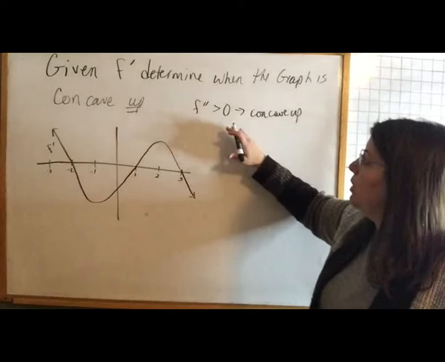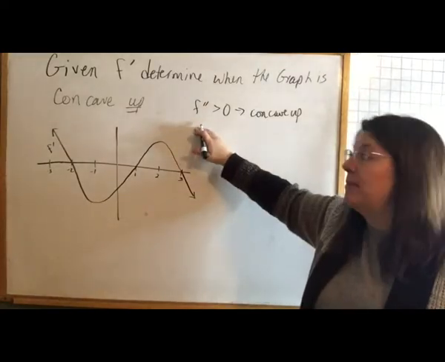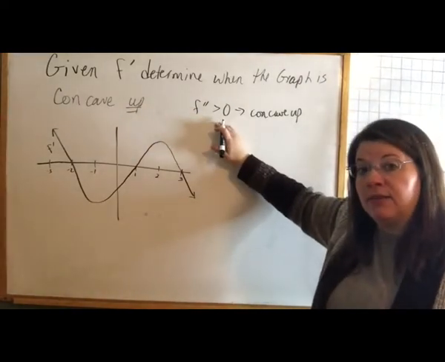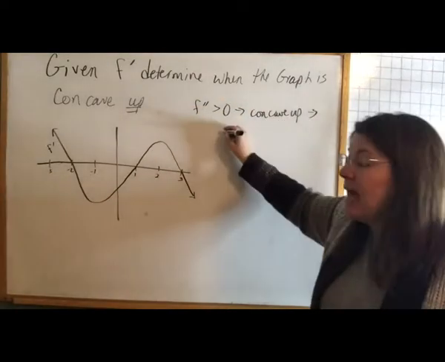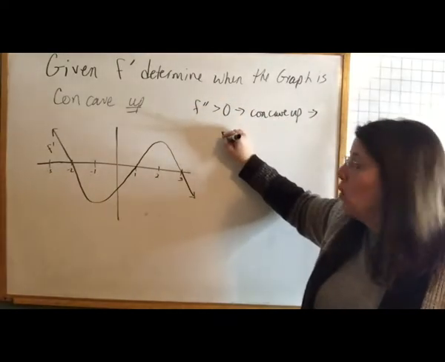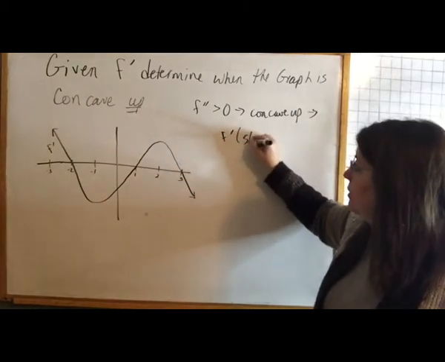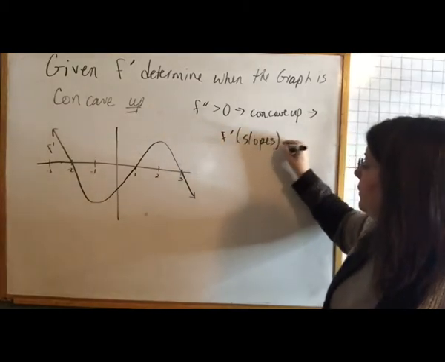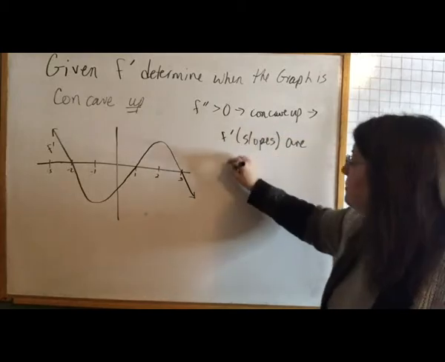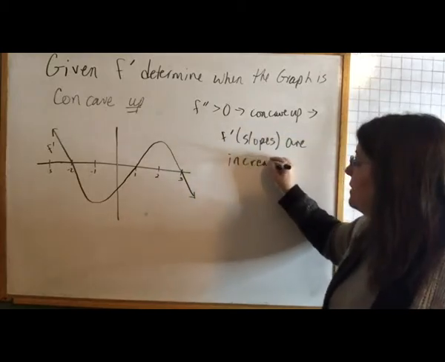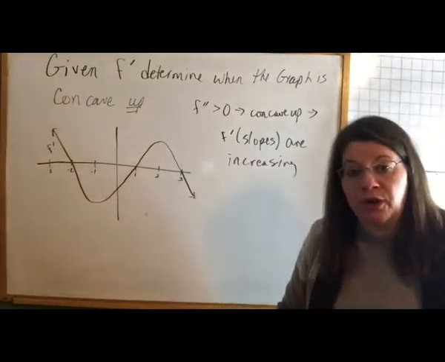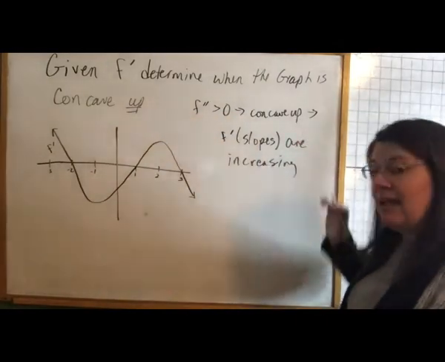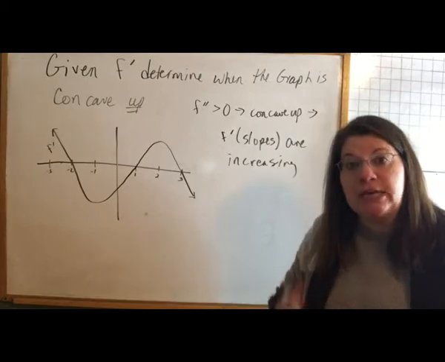Well, and then we went on to say that if f double prime is greater than 0 or positive, it's concave up, which also means f prime, or the slopes, are increasing. And we said that if f double prime is less than 0, it's concave down and the slopes are decreasing.